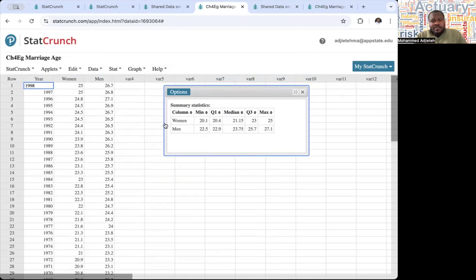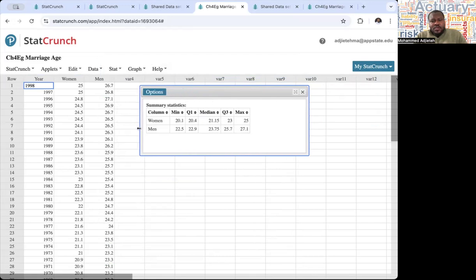When you look at the 5-number summary here, you can also try to make meaning of it. You can see that the lowest age that women marry is 20.1, which is a bit lower than that of men. You could also see that the maximum age for men is higher than women.